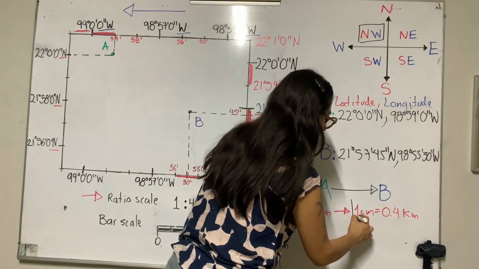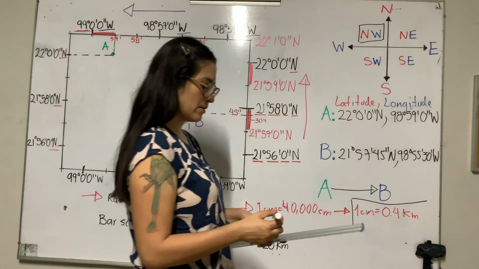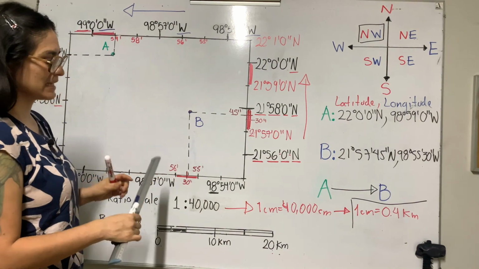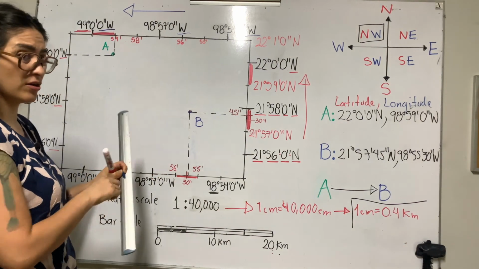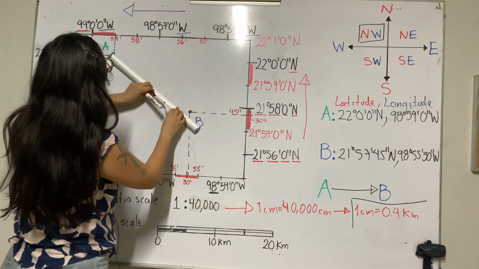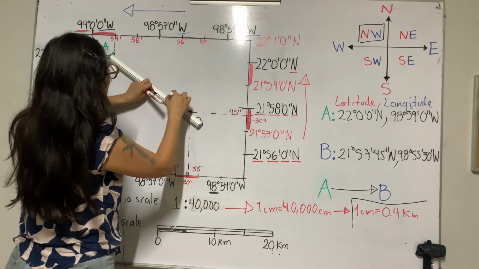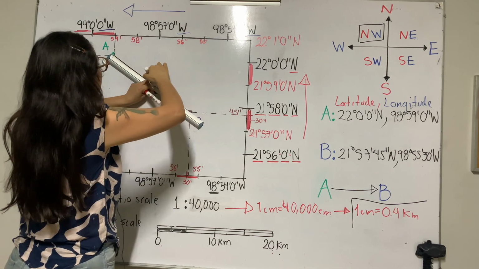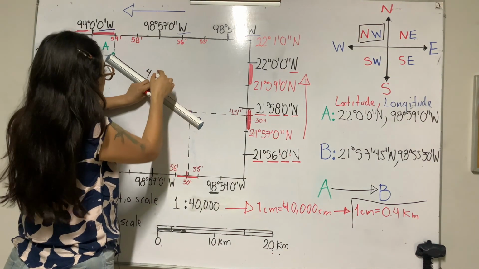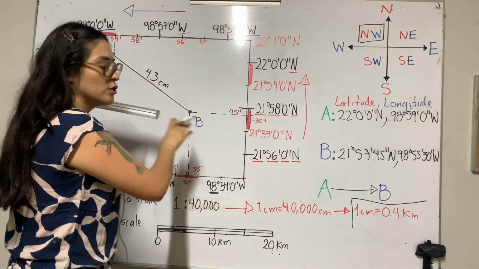This is a relationship that we are going to use, because if 1 centimeter is equal to 0.4 kilometers, the other thing that I have to do is to measure. You have to measure it using a ruler between point A and point B. I'm not inventing anything, it says 43 centimeters, the distance on my map.